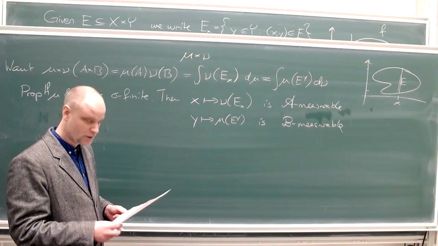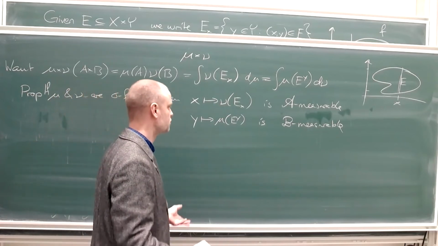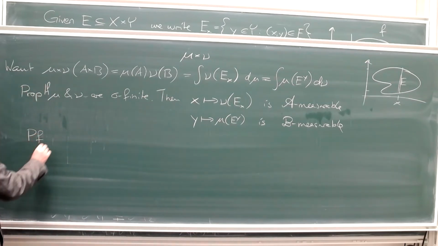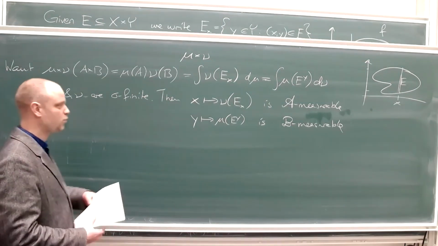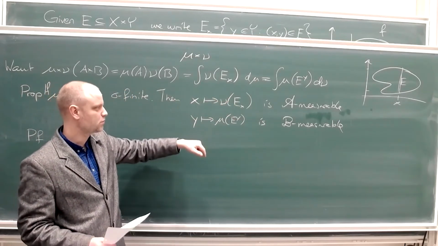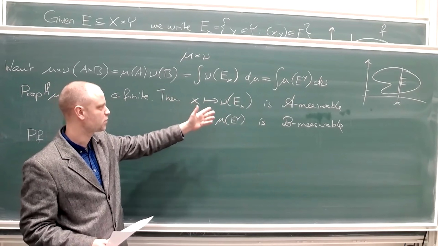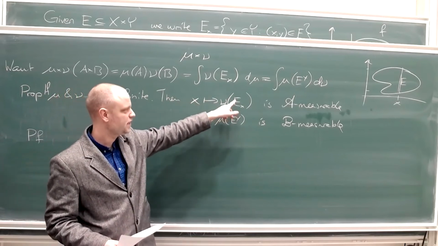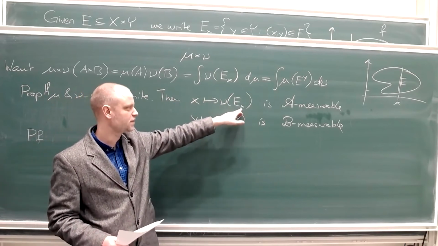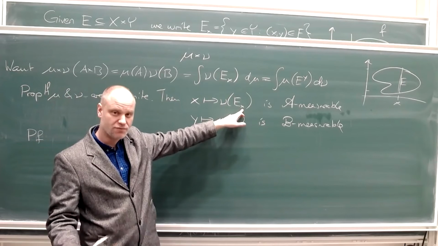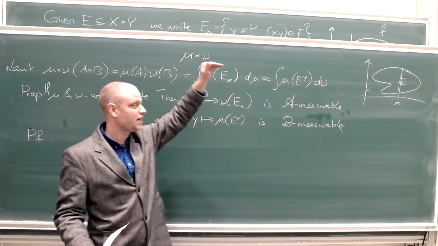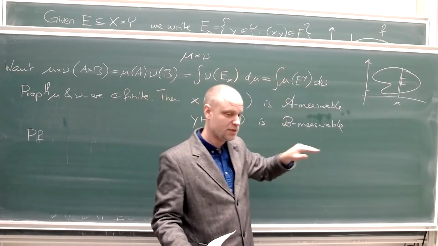Okay. And it's another one of these stupid proofs. So what do we do? Proof. So we want these guys to be A and B measurable. Well, let's start by considering a product set. So if this E is A times B, then as I said before, we have two choices here. Either this guy is B or it's the void set. So now I have something which is 0, then takes some value on B, and then it's 0 again.